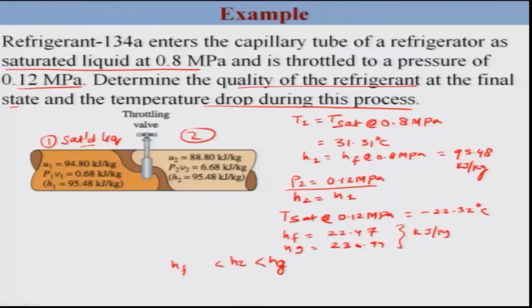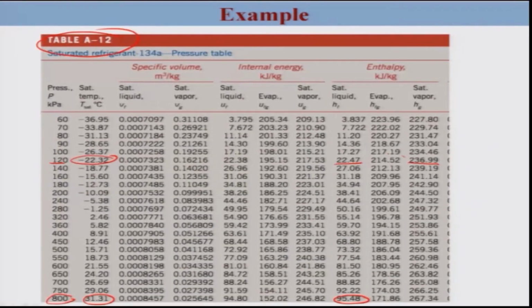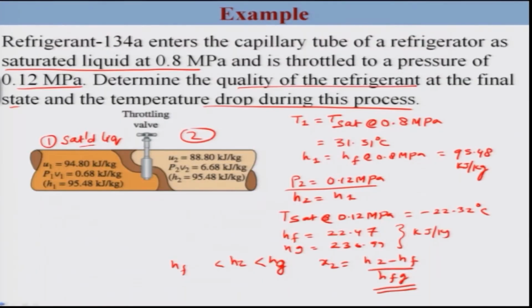So there would be a quality involved for the vapor. We can calculate the quality x2, which is H2 minus Hf divided by Hfg, and if you plug in the values, it comes out to be 0.340. This is the quality.